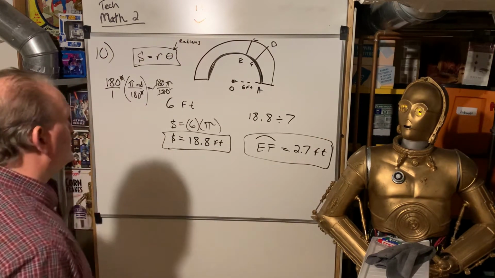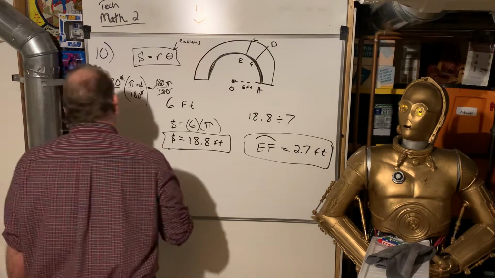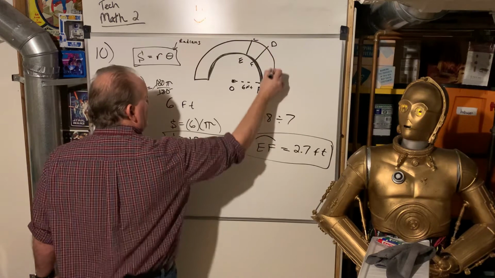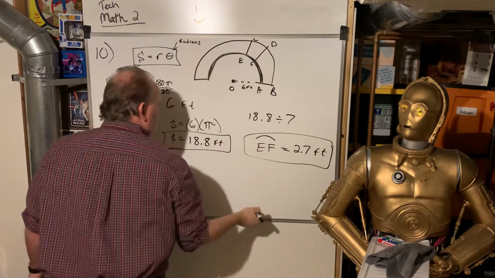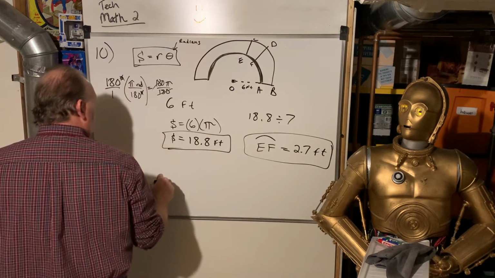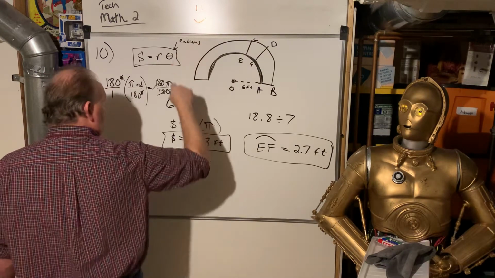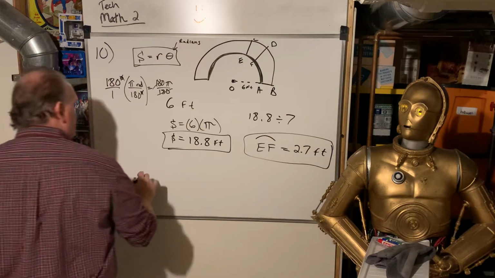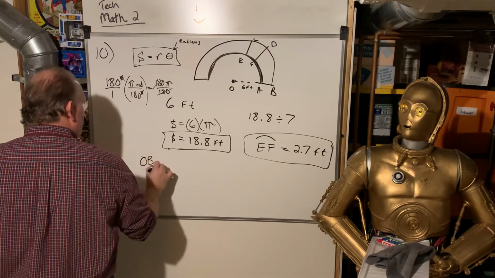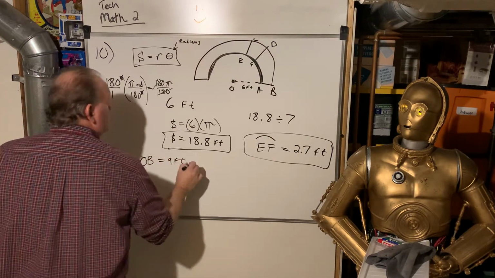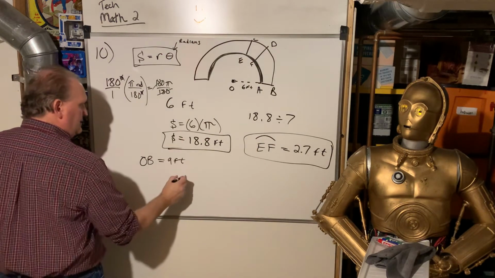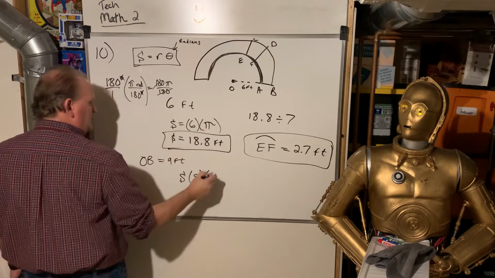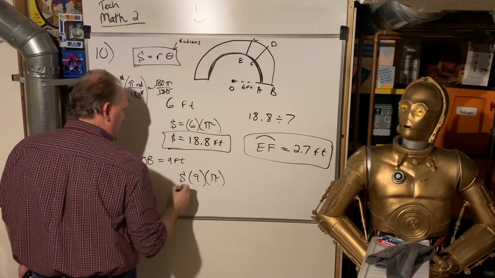So on the next one here, they give us OB, which goes all the way to the end, so that's on the outer part. And so they want us to, again, find the entire arc. They tell us OB is 9 feet. So we're just going to take that arc length and say 9 feet times, it's still 180, so you don't have to do that again, pi.